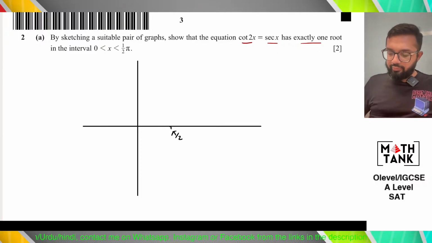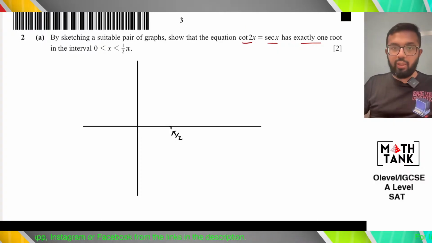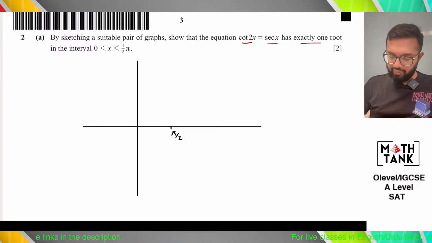A typical graph of cot 2x is the reciprocal of tan 2x. Tan looks like this, but since it's 2x, I'm also going to have to draw pi over 4 here. Typically the tan graph goes like that, so the cot 2x graph will go like that.